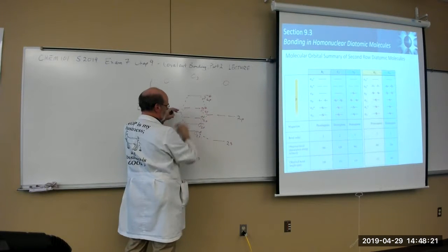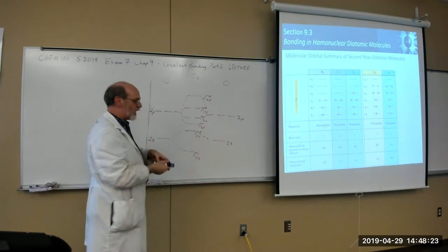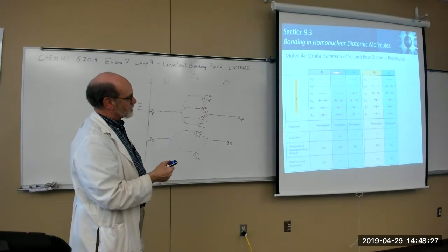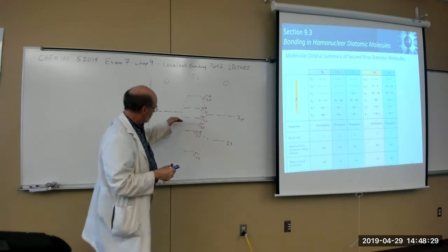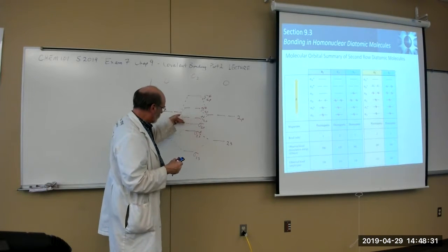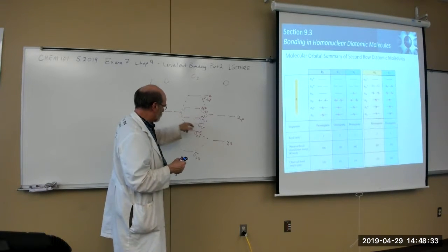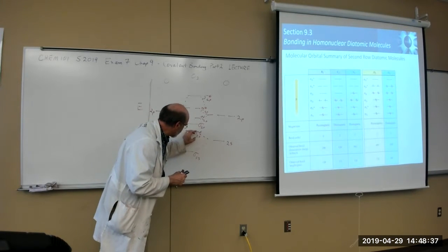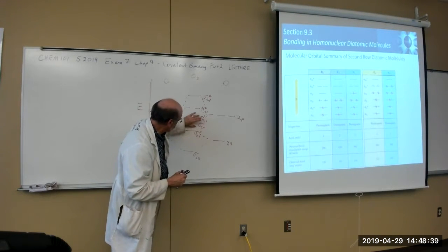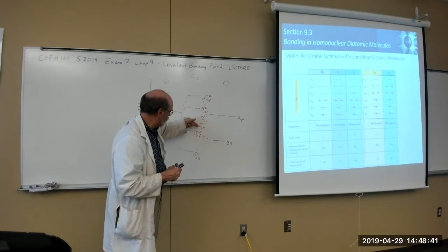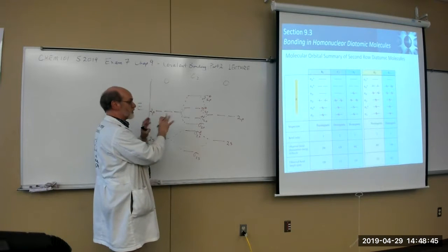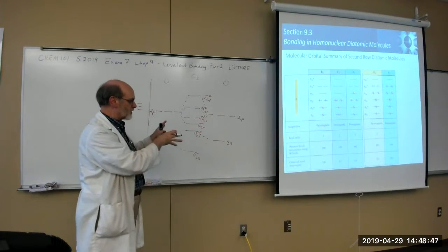Pi here, pi star there. If we had mixing, which we do with nitrogen, carbon, and boron, then these two flip, because the interaction between these s's causes this one to be lower in energy than that one. But for oxygen, there's no mixing, so this is the proper arrangement.